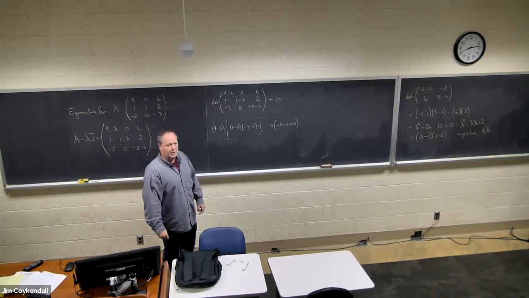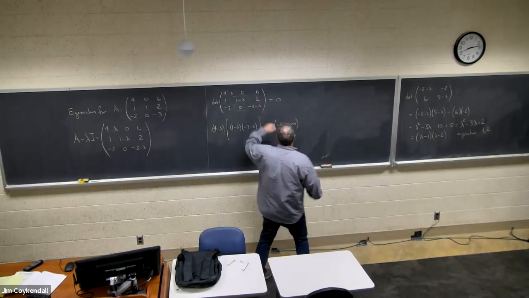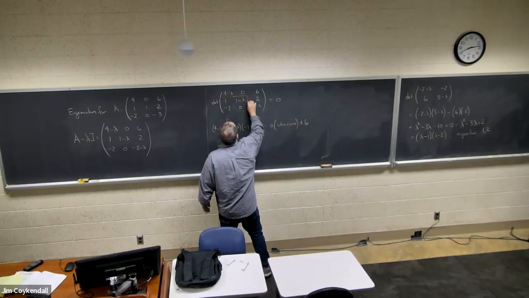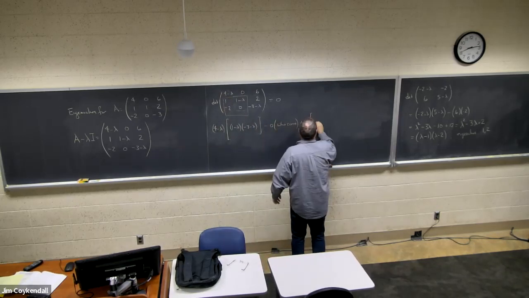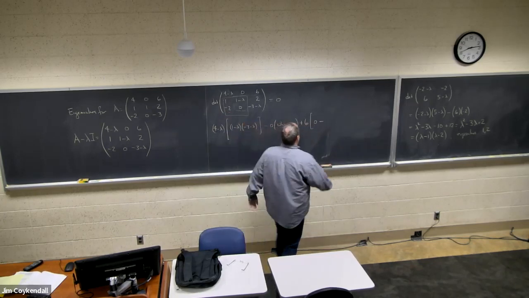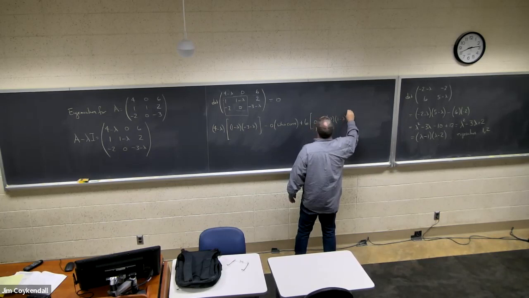You can follow it computing, right? Because you've gotta love 0. Plus 6 times the determinant of this little box here, which is 0 minus minus 2 times 1 minus lambda.